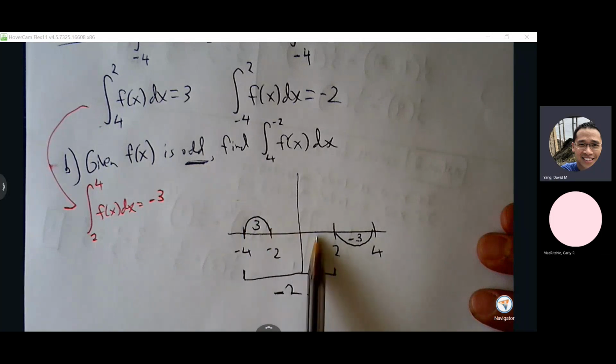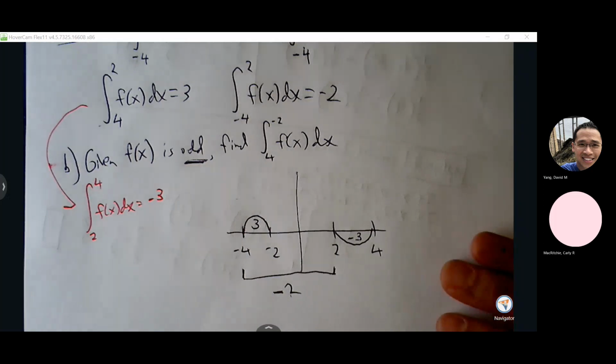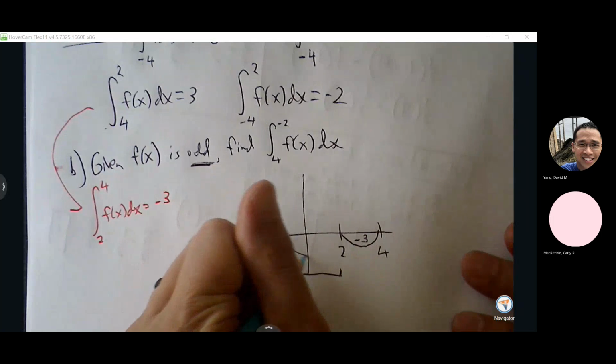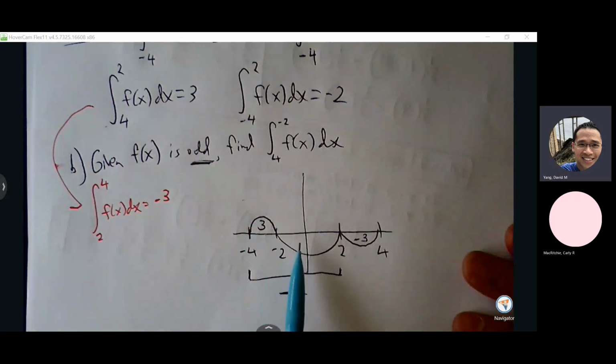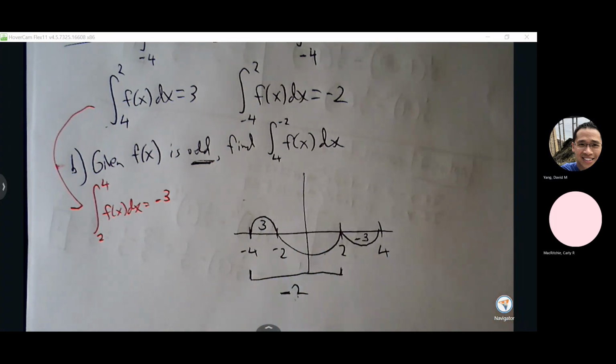What's the missing piece that will get me to -2? Three, and what will give me -2? So I need -5 here. No, I can't do that, can I? Odd.